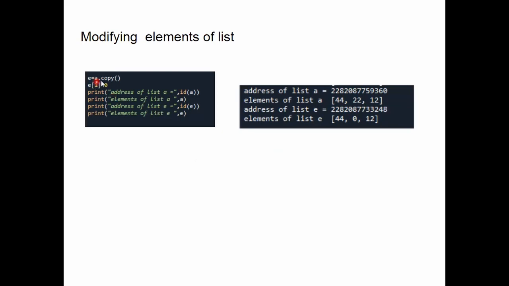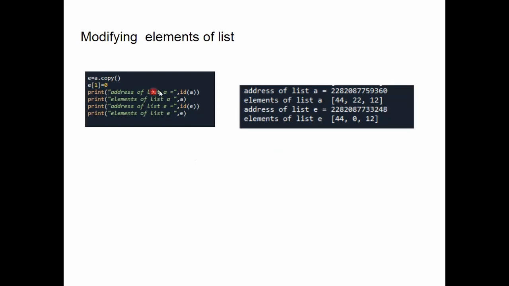So what we are going to do is use the copy function. The copy function means now the address of the mother will be different and the address of the father will be different. So if any element of that list is changed, it is not going to change the element of any other list.